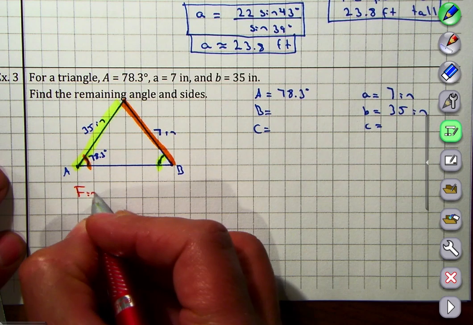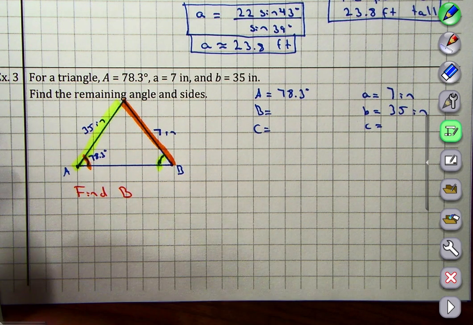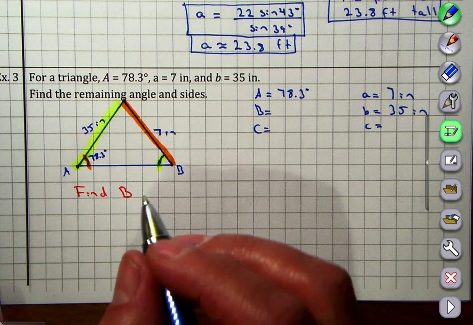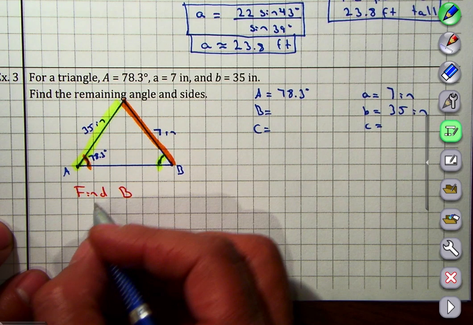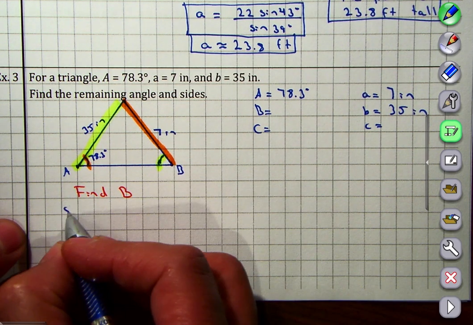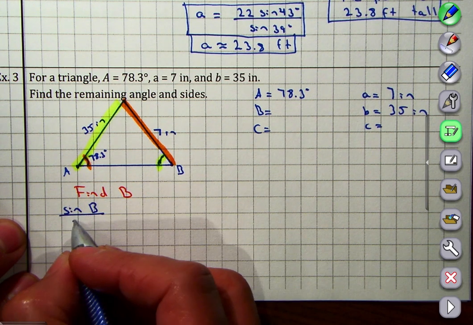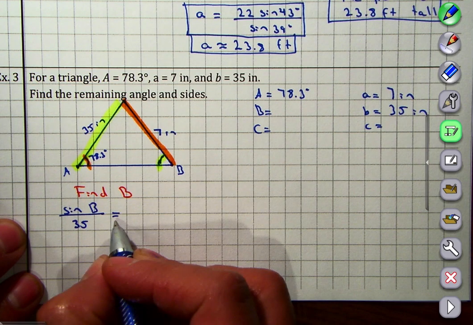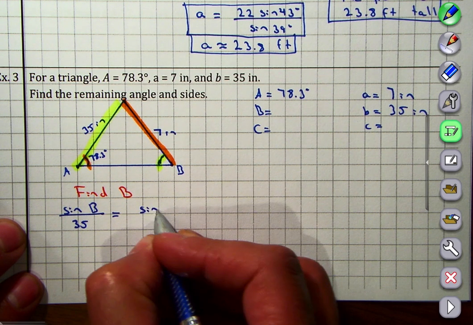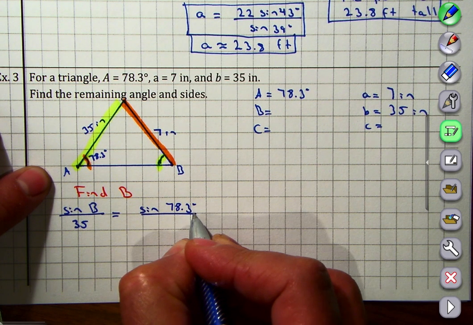So find B. So actually, let's look for sine B over 35 equals, I'm using sine first, so that'll be the sine of angle 78.3 degrees over 7.